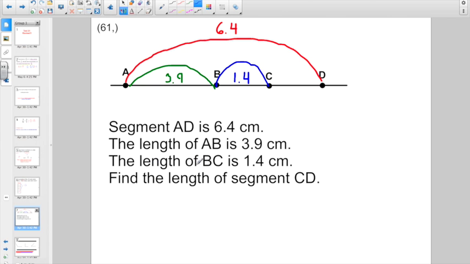Next up, it's telling us that segment BC is 1 4/10 of a centimeter, right? And they want us to go and find the length of segment CD.